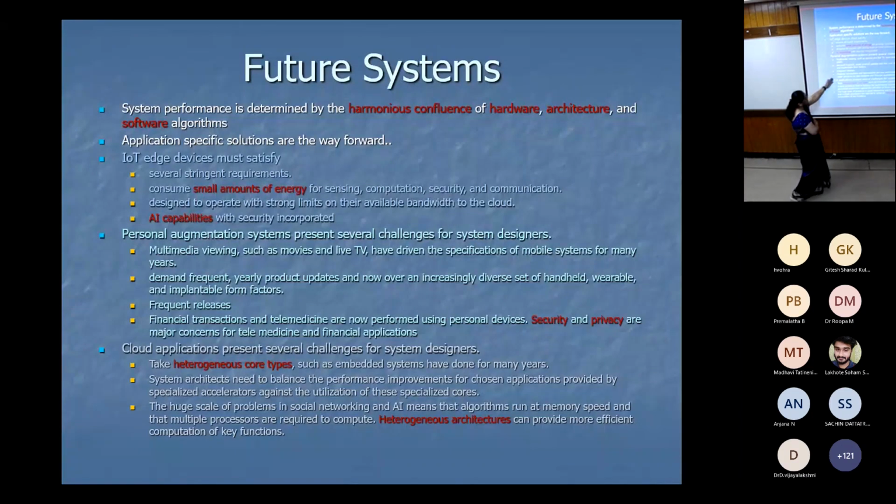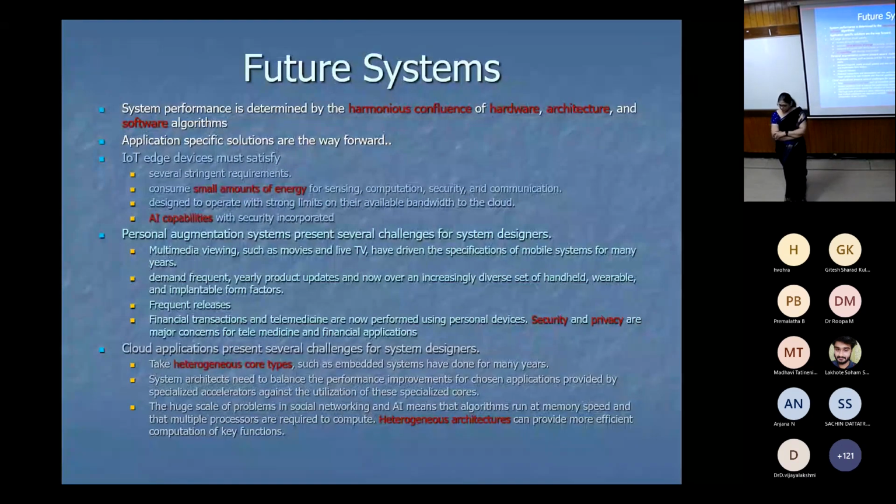And financial transactions and telemedicine all demand high security and privacy, which is very important. Otherwise, all your personal data will be misused. Then for cloud applications, the challenges are different. They take on heterogeneous integration issues.